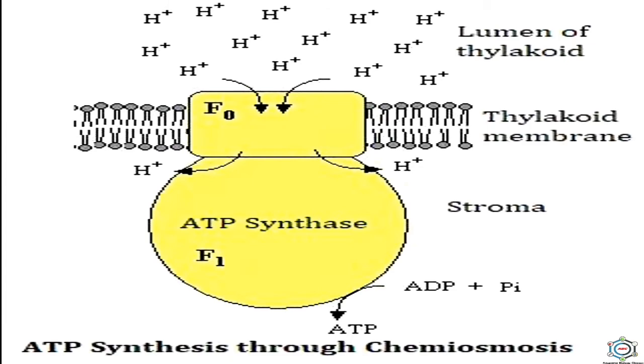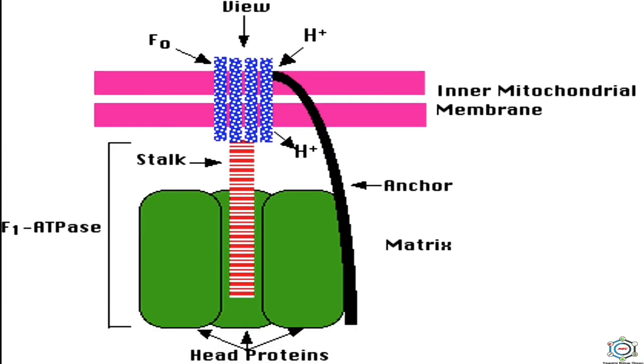The F0 is embedded in the membrane and forms a transmembrane channel to facilitate diffusion of protons across the thylakoid membrane. The F1 remains protruded towards the outer side of the membrane. It is this protruded portion of the ATPase complex where ATP is synthesized.